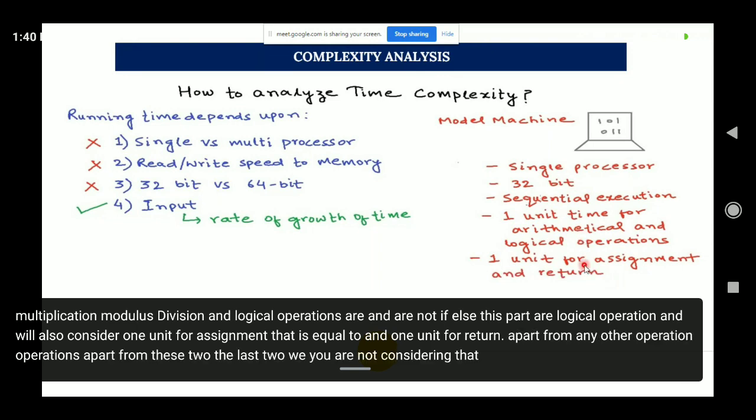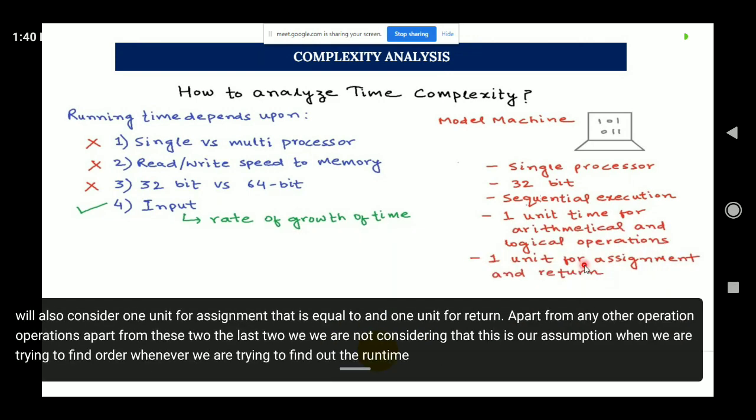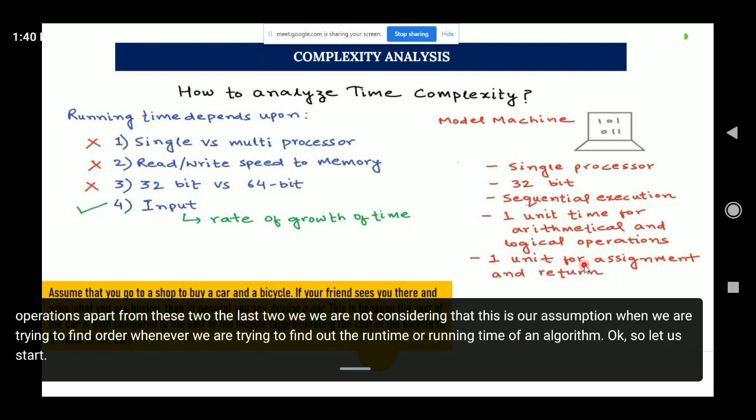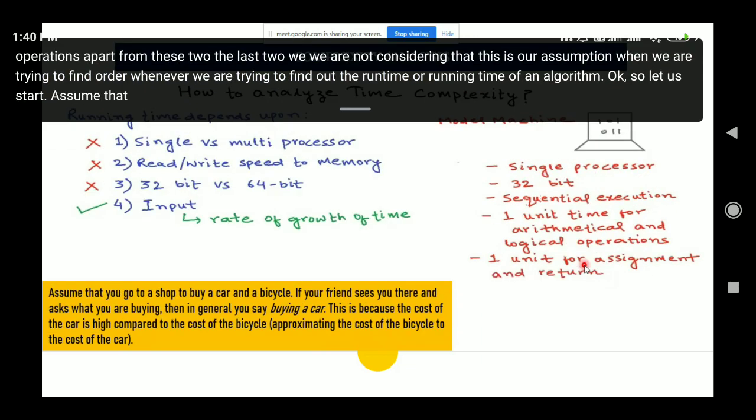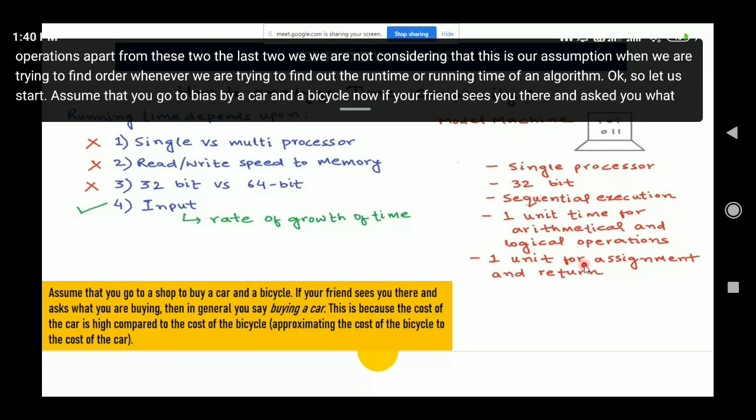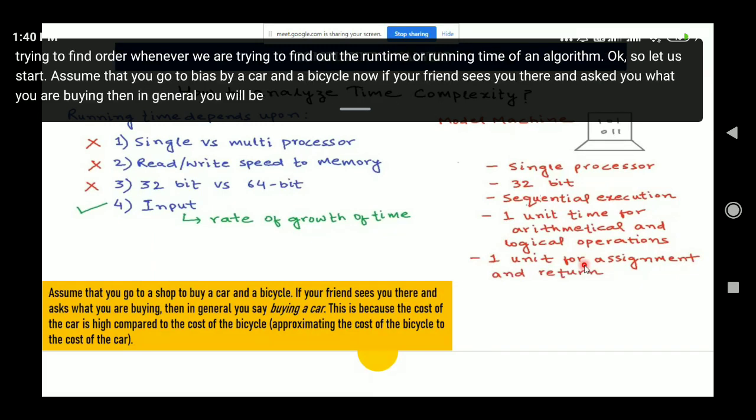Apart from these, we are not considering any other operations. This is our assumption whenever we try to find out the running time of an algorithm. Okay, so let's start. Assume that you go to buy a car and a bicycle. If your friend sees you there and asks what you are buying, in general you will say buying a car. Why?